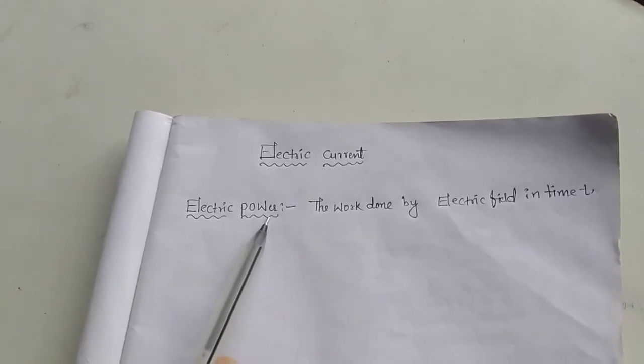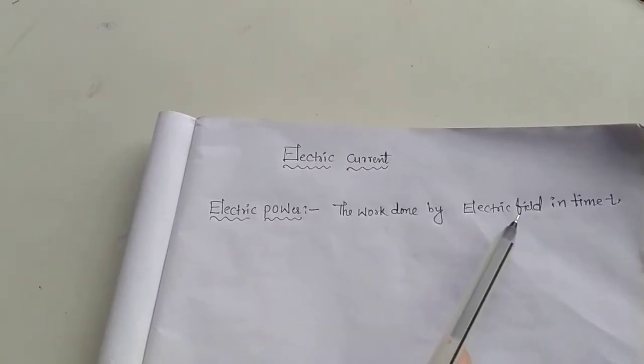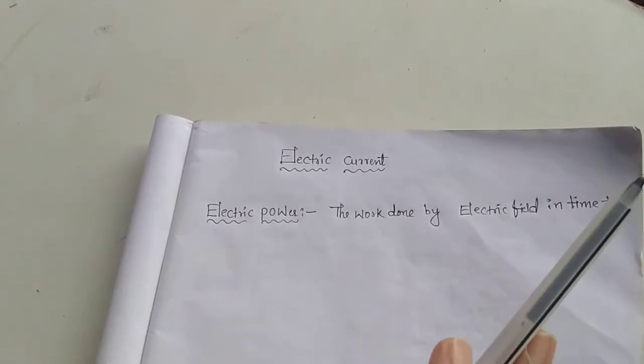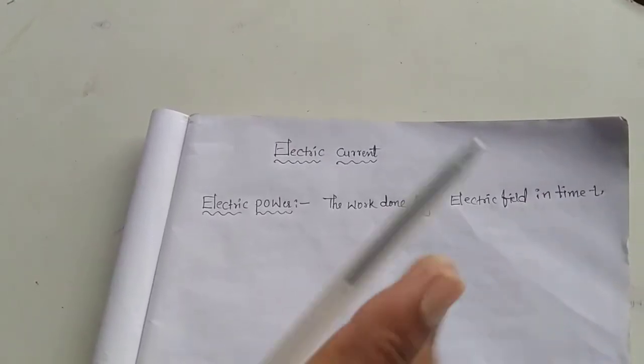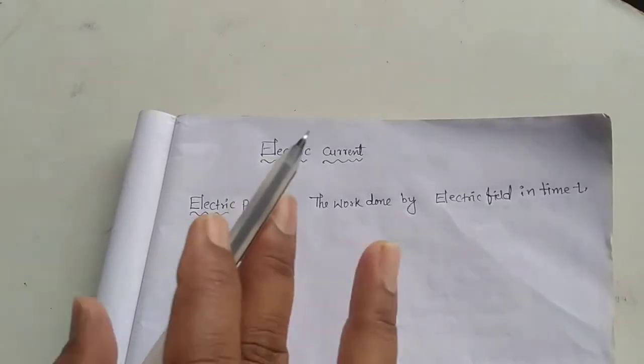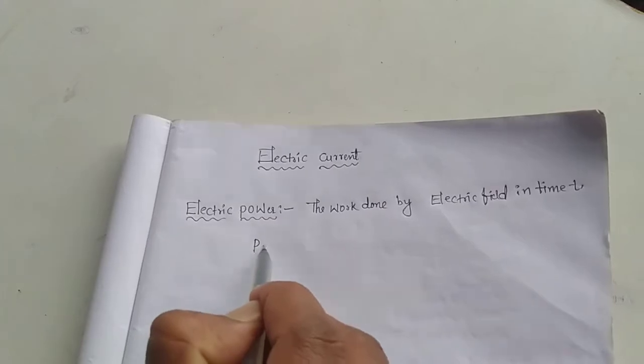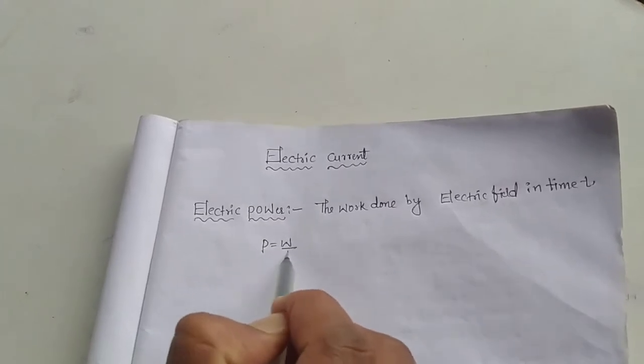So what is electric power? The work done by the electric field in a particular time t is called electric power. We represent electric power as P is equal to W by T.